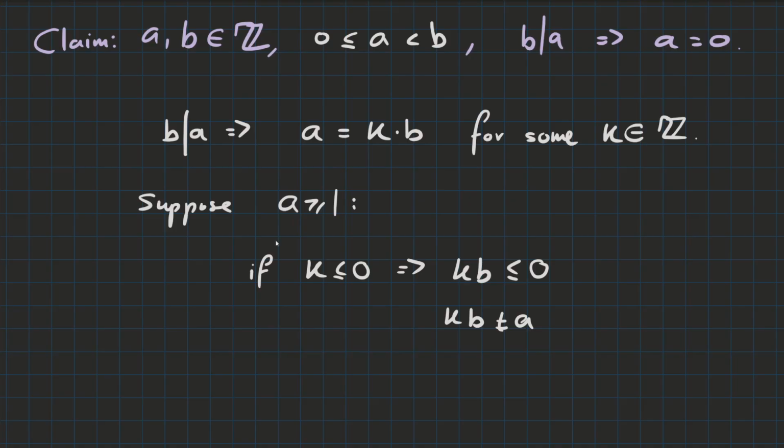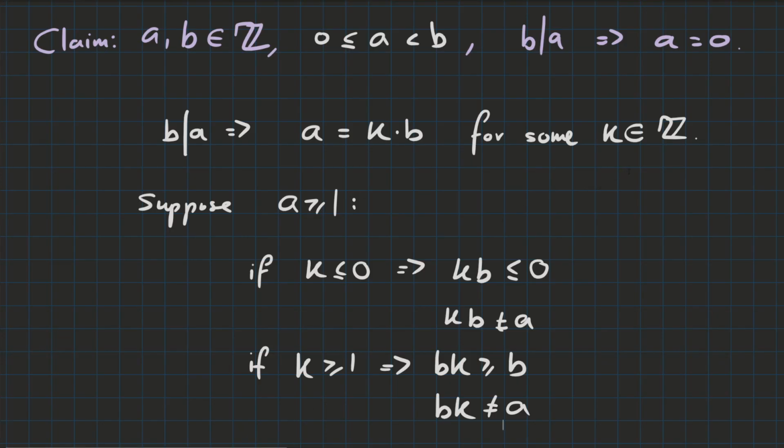So certainly KB is not equal to A. A is a number at least 1. So if K is at least 1, which is the opposite of this, then BK is at least B. But A is less than B, so that means that BK is also not equal to A. Well, that's all the options for K, because K is an integer.